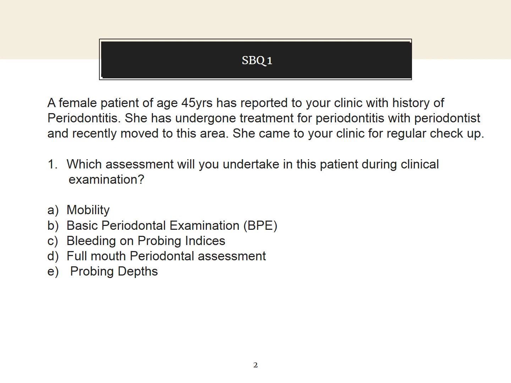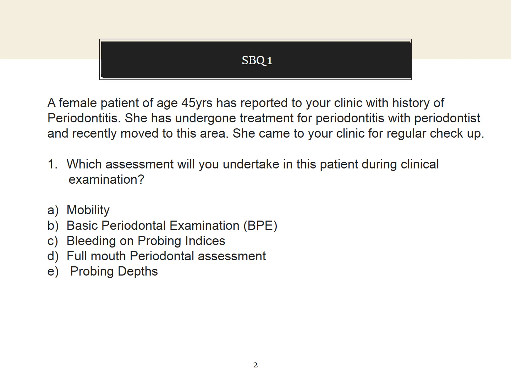So basically when you look at the choices, if you are clear about what the basic periodontal examination is, you can easily see the answer. But if you are not thorough with those areas, like what a full mouth periodontal assessment is and what a basic periodontal examination is, then you will be stuck whether to pick basic periodontal examination, full mouth periodontal assessment, probing depth or bleeding on probing.